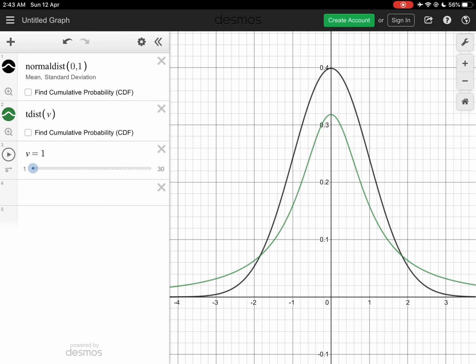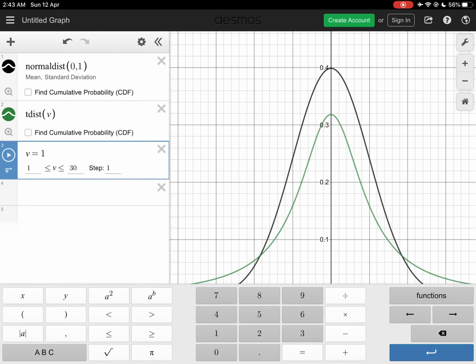But the t-distribution is not just one. I put the degrees of freedom, denoted by v here to make it easier for me to use Desmos. In fact, in many textbooks, instead of writing df for degrees of freedom, they use the letter v. So I put it from 1 to 30.